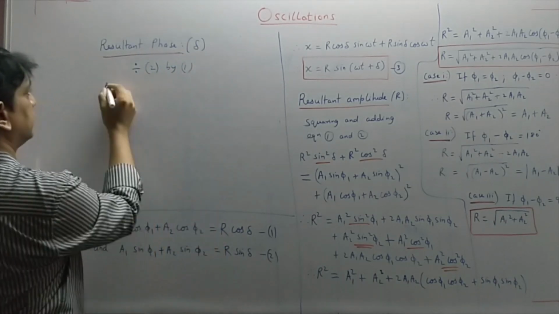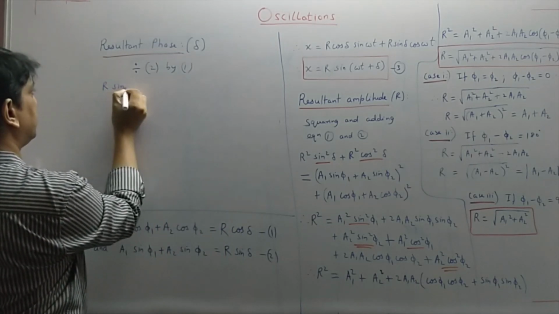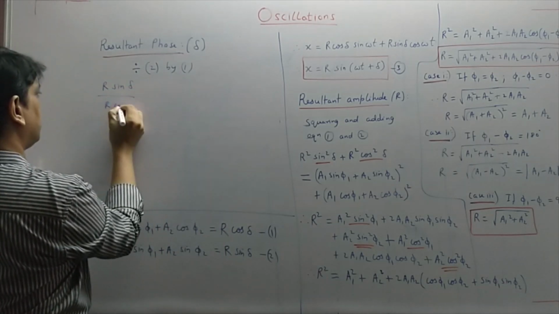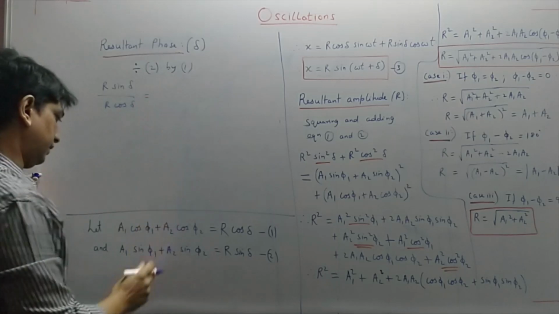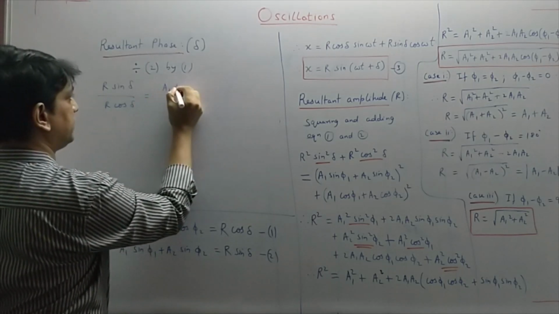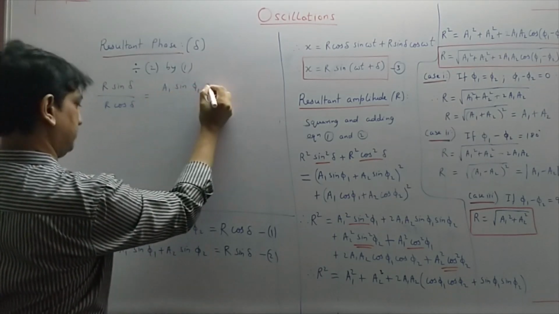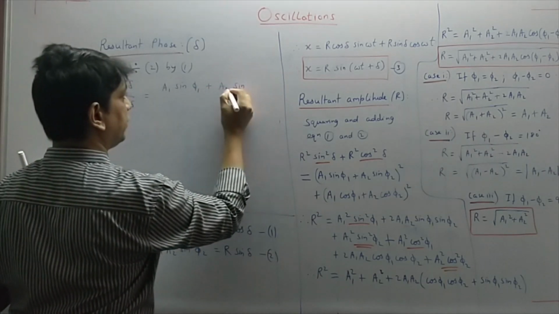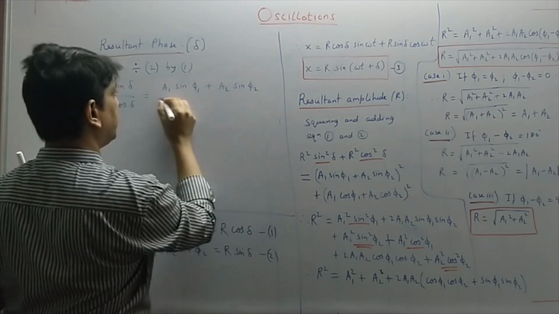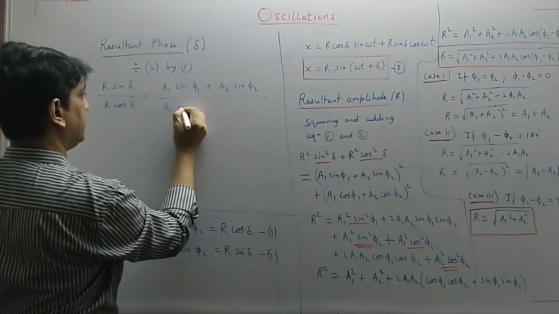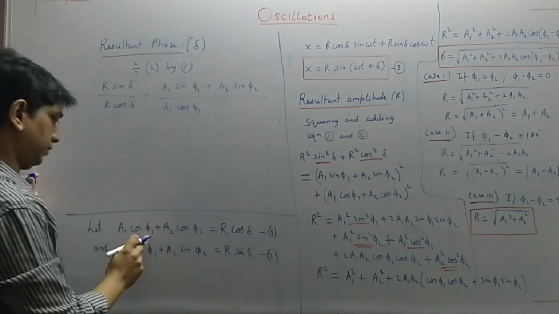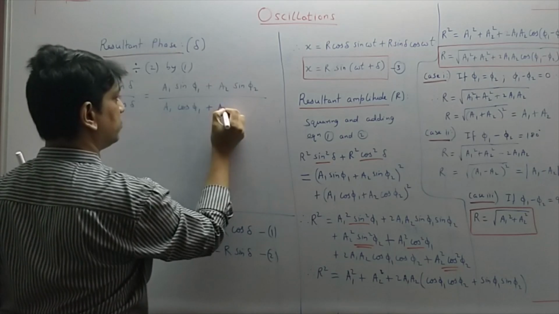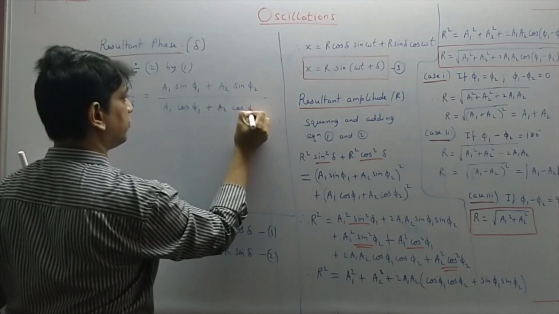We get R sin delta upon R cos delta, that is A1 sin phi 1 plus A2 sin phi 2 divided by A1 cos phi 1 plus A2 cos phi 2.